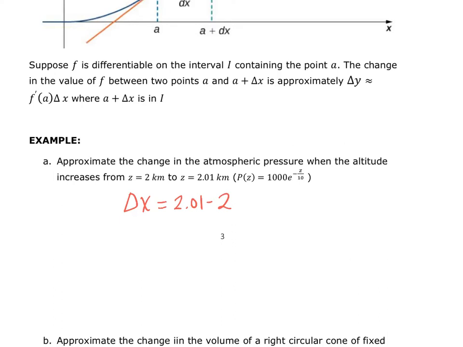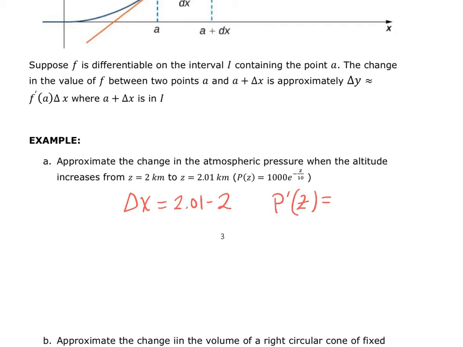I started at 2, and I ended at 2.01. That's my delta x. All I have to do now is find p prime of z. So I have to find that derivative.